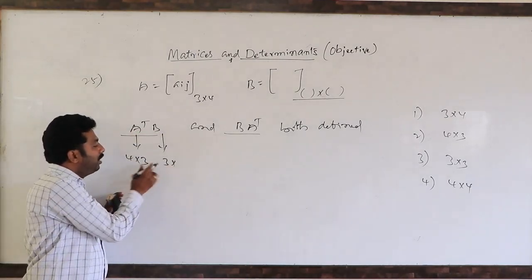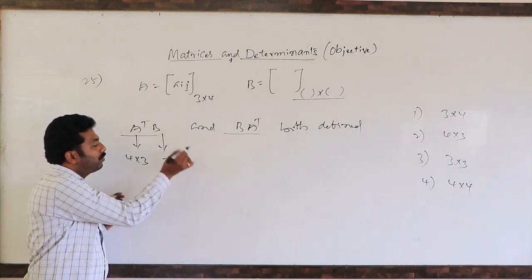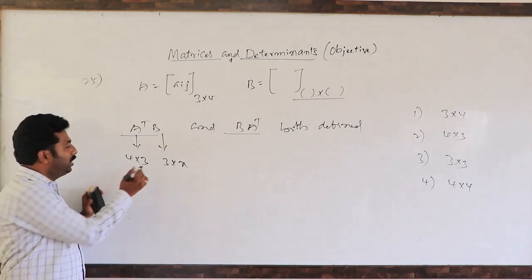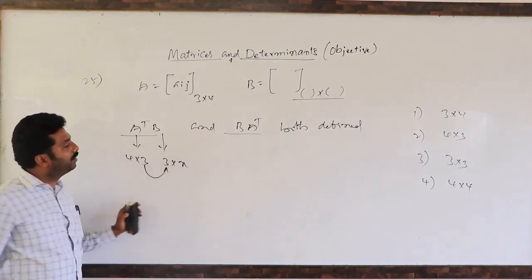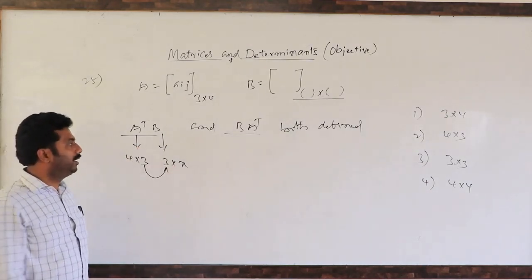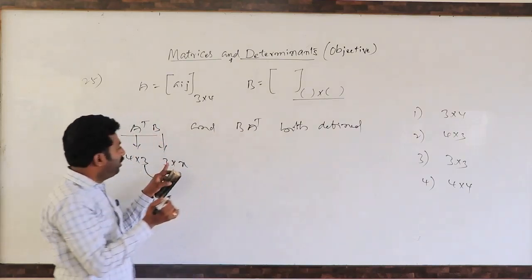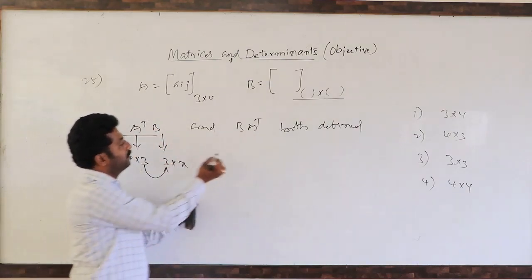Next, we have to calculate x. B is what we decided, 3 by x.